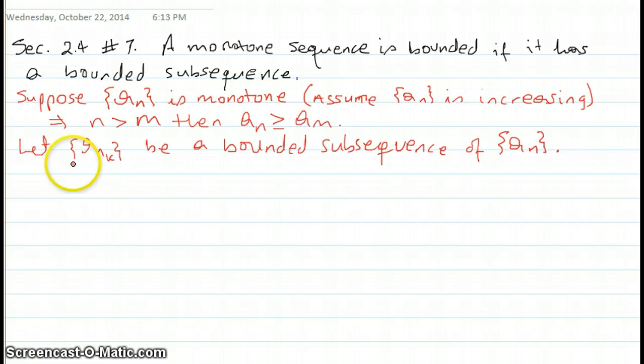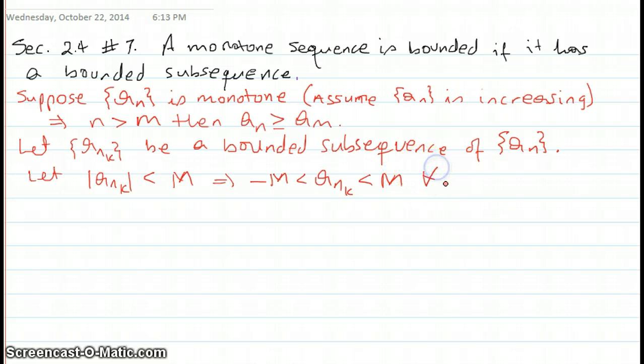Now I'll be showing that a_n is bounded by the same bound as a_{n_k}. So let a_{n_k} be bounded by M, which really means that minus M is less than a_{n_k} is less than M for each k. So let's let this be true for all k.